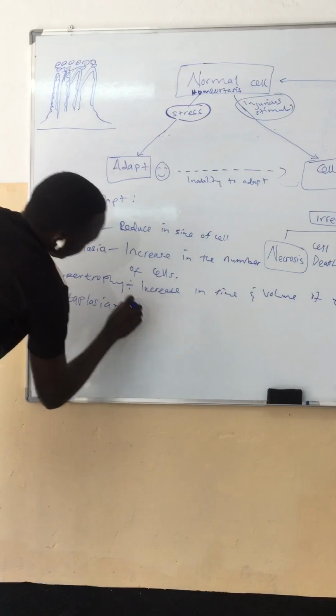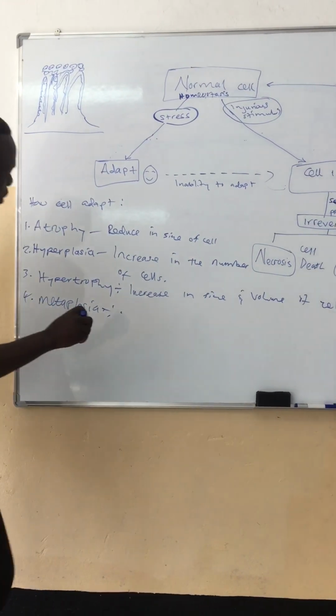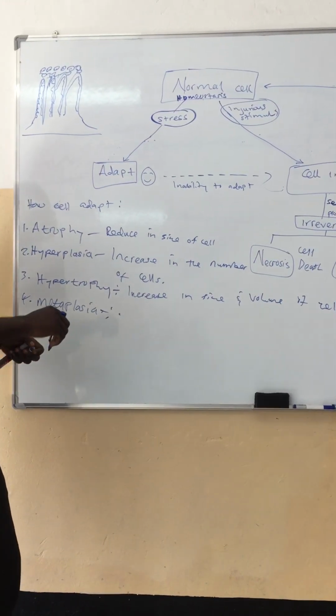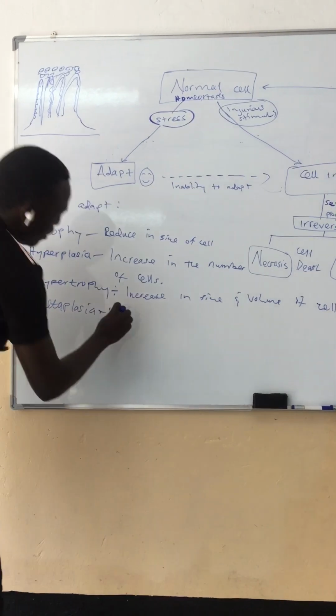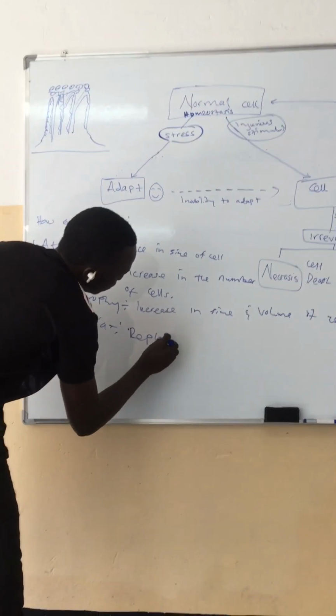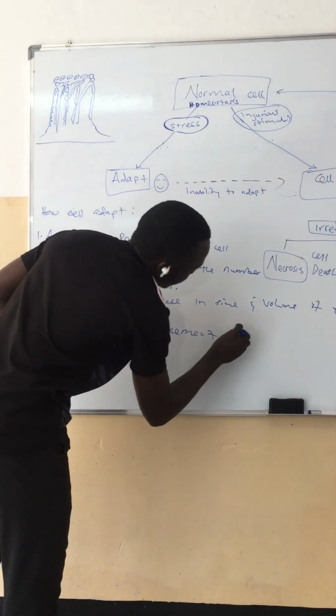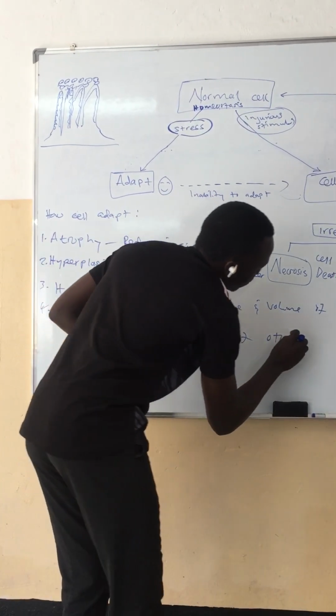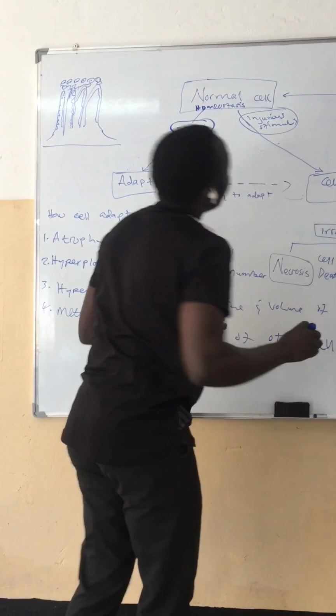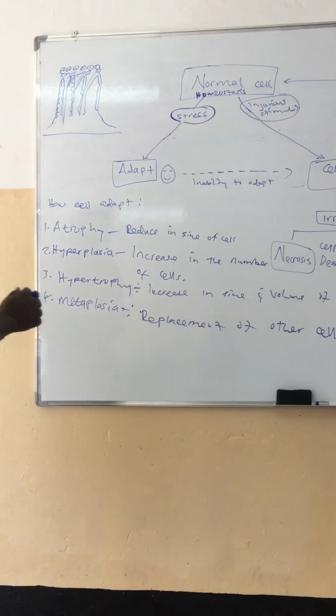So we can say metaplasia is the replacement of one cell type by other cells in order to overcome stress.